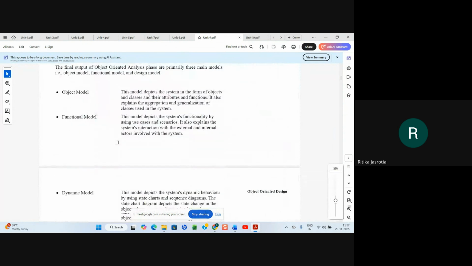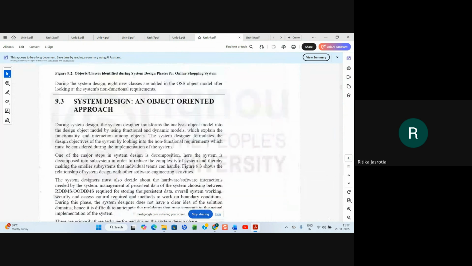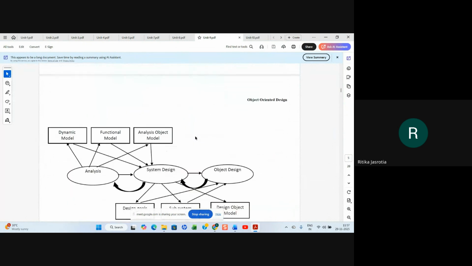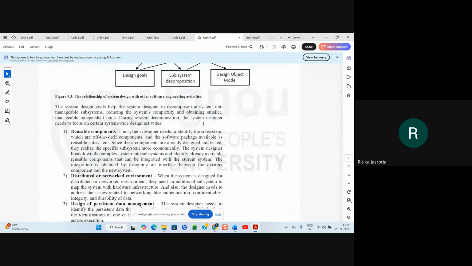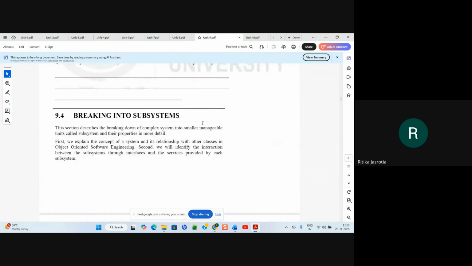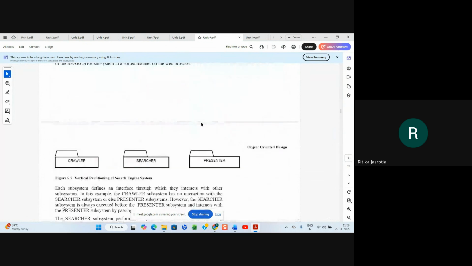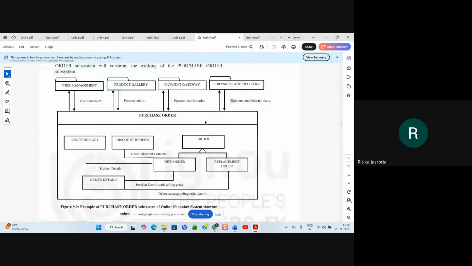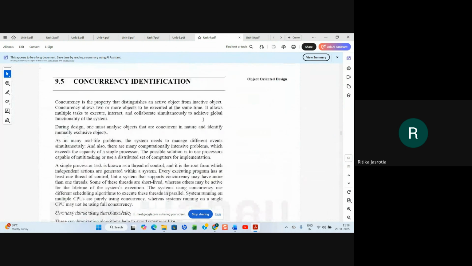So this is about OOA, that is object oriented analysis. We go to object oriented design. So system design we are talking about. Laying down the design goal, decomposition of the system, reusable components, breaking into subsystems, coupling and cohesion, concurrency identification.